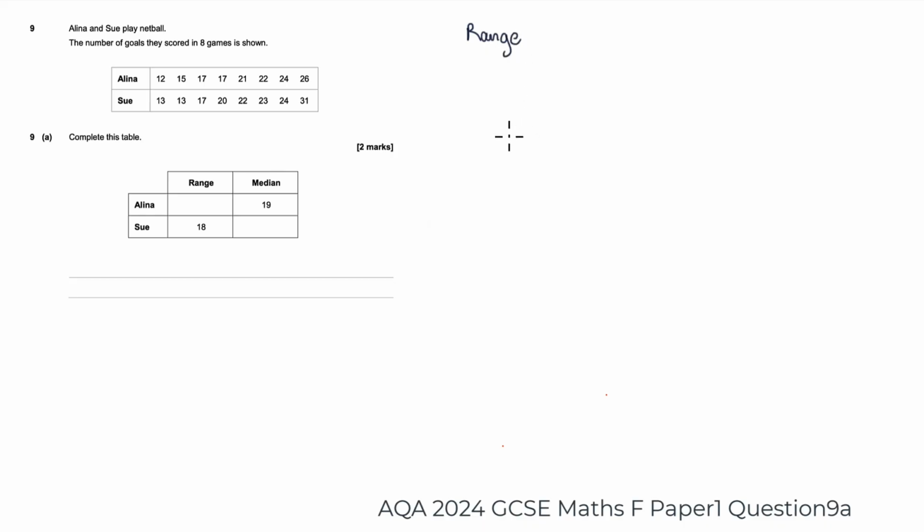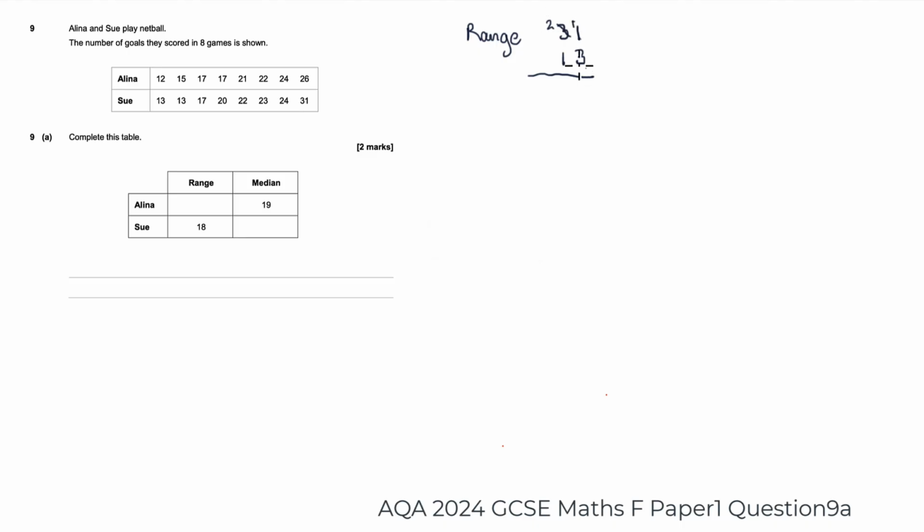And the range is given in the case of Sue. And you'll notice these are in order. They're increasing in size, these numbers, and they go from 13 up to 31. And let's look at the gap between 13 and 31, the difference between these two numbers.